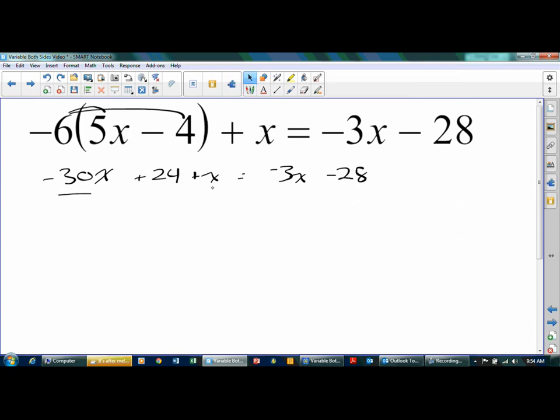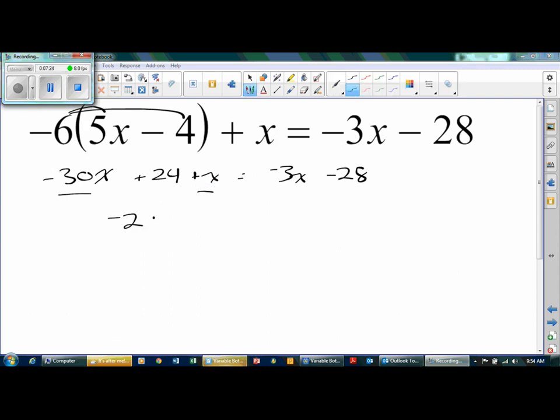Now, when we combine, we get negative 29x plus 24, negative 3x minus 28.